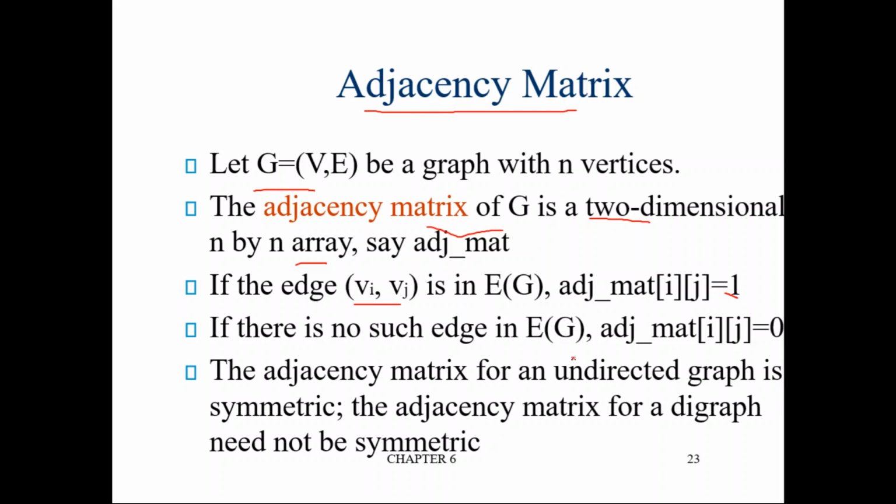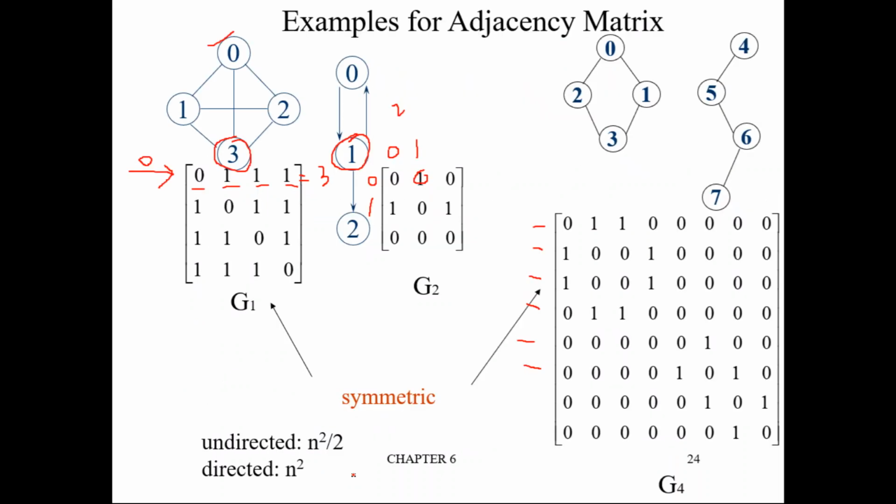Otherwise, in the respective entry of the adjacency matrix, there will be 0. The adjacency matrix of an undirected graph is always symmetric. The adjacency matrix of a directed graph need not be symmetric. It may be symmetric if there is an opposite edge for all the nodes. For every vertex Vi and Vj, if there is an edge from Vi to Vj and also from Vj to Vi, then the directed graph also will be symmetric.